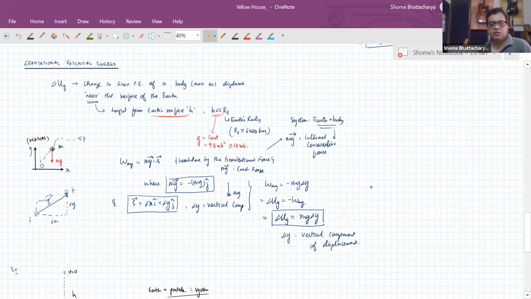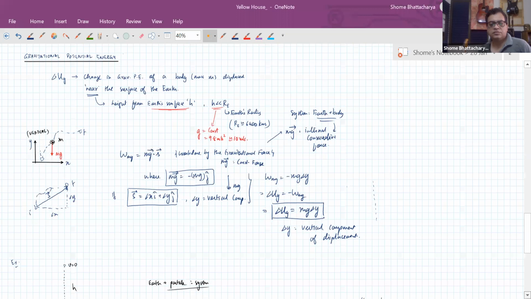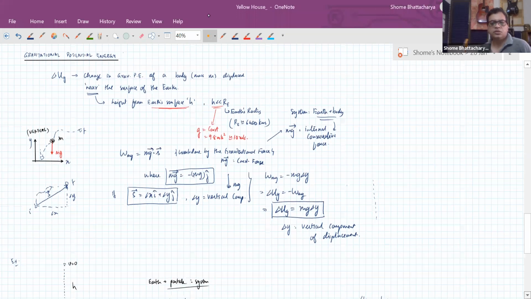Same thing, we're discussing gravitational potential energy, mg delta y. Change in gravitational potential energy is mg into change in vertical coordinate. And the last part, as you can see, is the same type of problem we have just discussed. If you like, you can just note this down quickly.